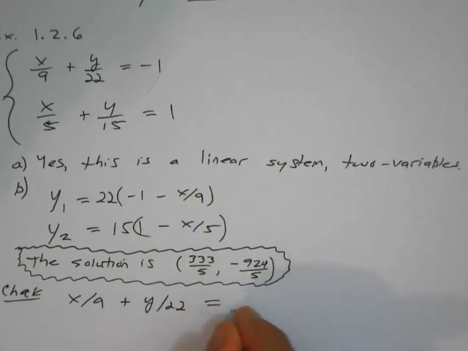See what the calculator gets when it computes that. And the left-hand side of the second equation, just x divided by 5 plus y divided by 15. We'll see what the calculator gets when it calculates that. Alright, let's go to the calculator.